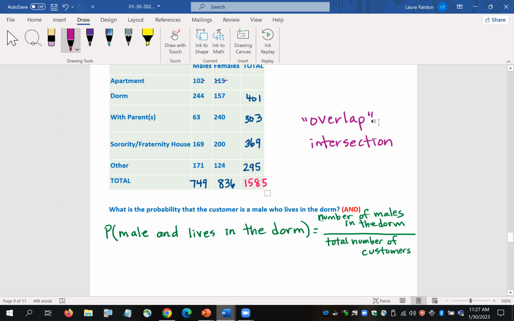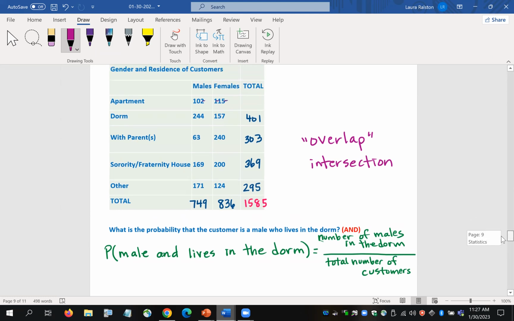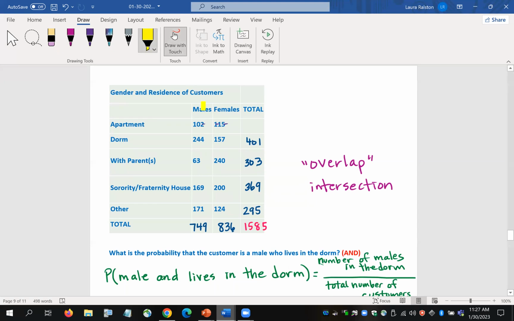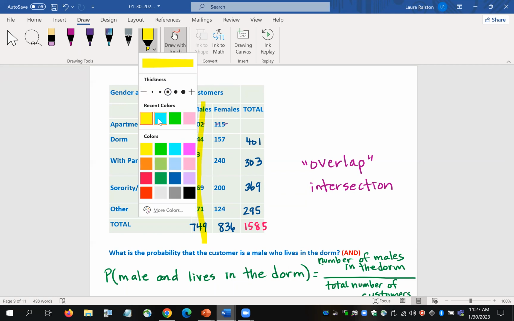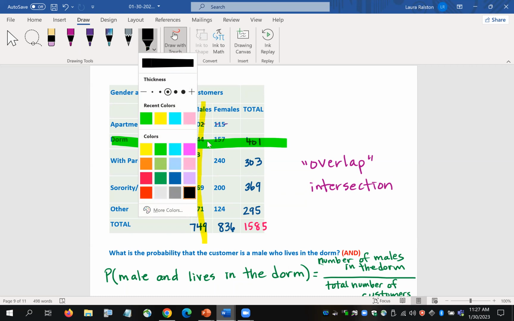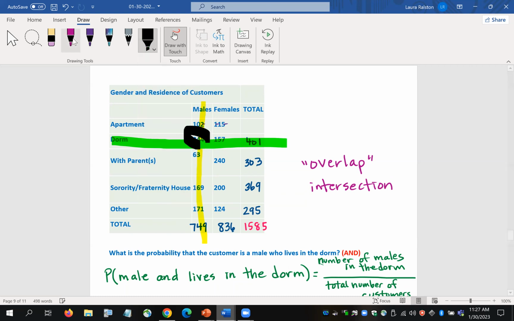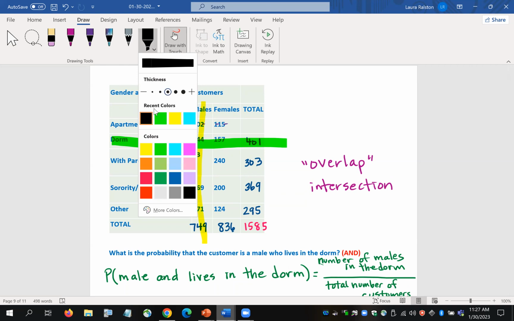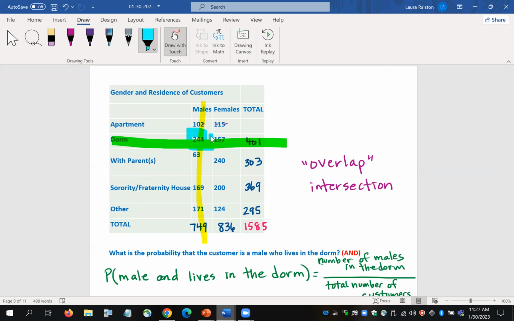So I'm going to look at males, and at the same time, I'm going to look at dorm, and I'm looking for that intersection, which is this piece right here where the two colors overlap.